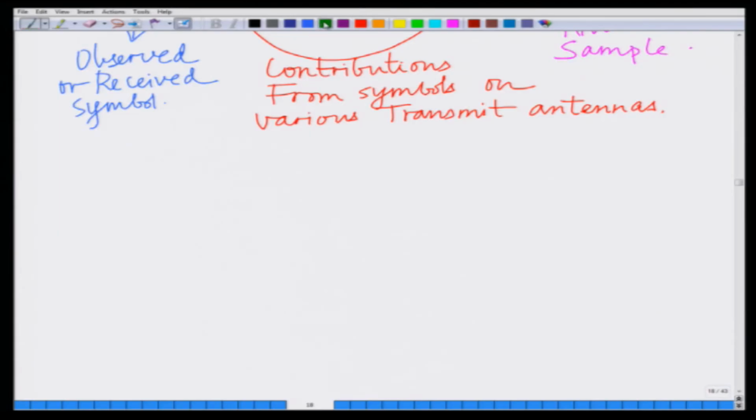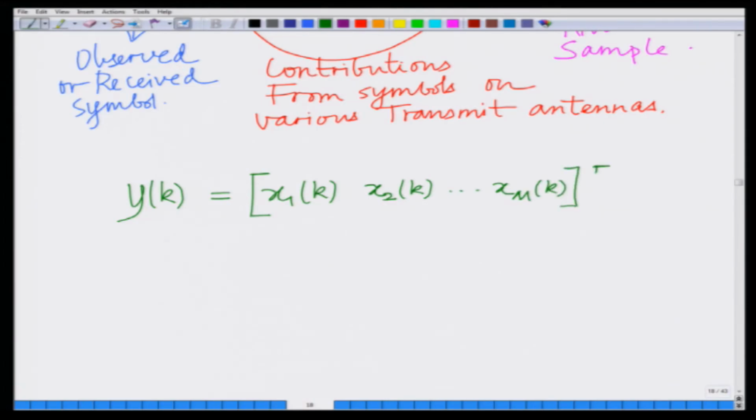I can write it succinctly again using vector notation, yk as follows. We are already familiar with vector notation, yk equals the row vector x1 of k, x2 of k, up to xm of k, times h1, h2, up to hm.